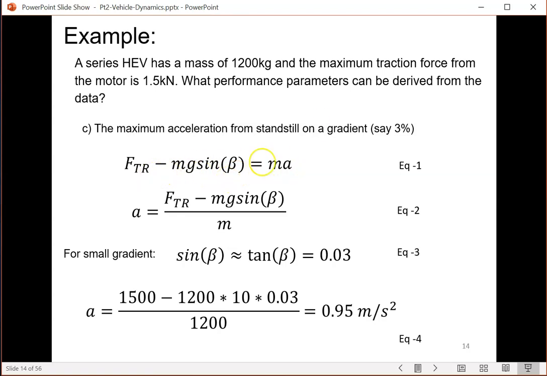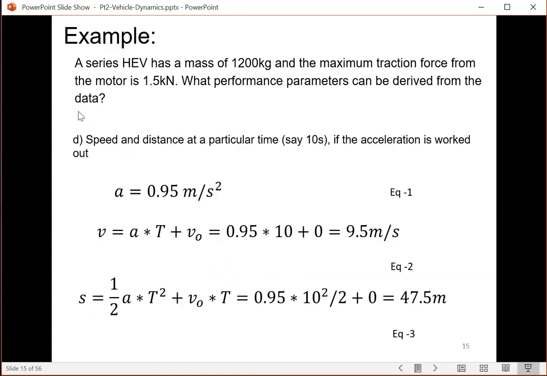Okay, so A equals total traction force minus mg times sine beta. Beta is the gradient angle. Because sine beta and tangent beta are approximately the same, and tangent beta is equal to 0.03 or 3%, therefore approximately sine beta equals 0.03.